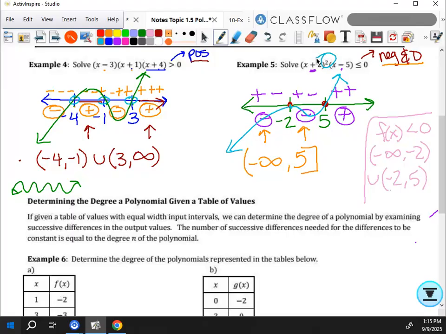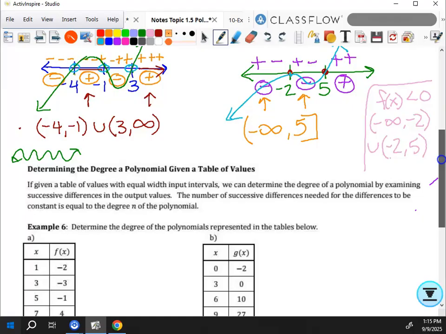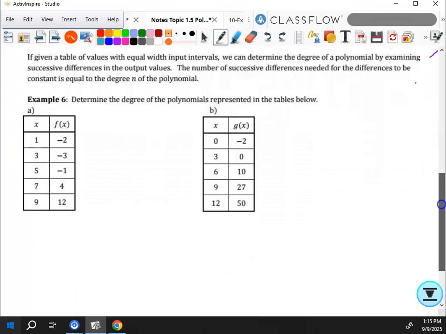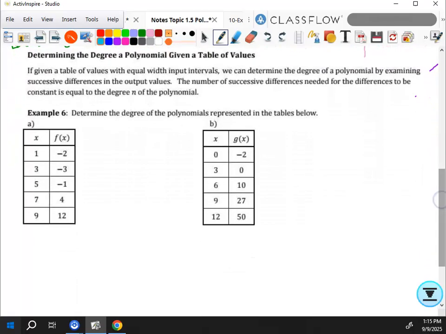All right. Now we are going to look at something that's going to look very familiar, almost like, hey, we already did this exact same thing, which sort of, but with a different explanation. And so we are going to be determining the degree of a polynomial given a table of values, which we've already done for linear or quadratic, but this is going to go beyond that.